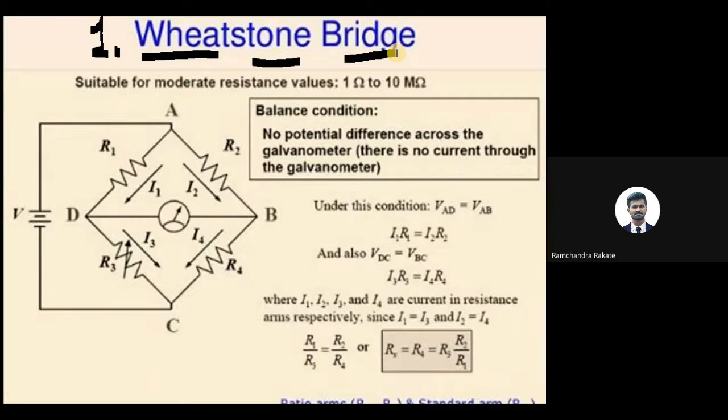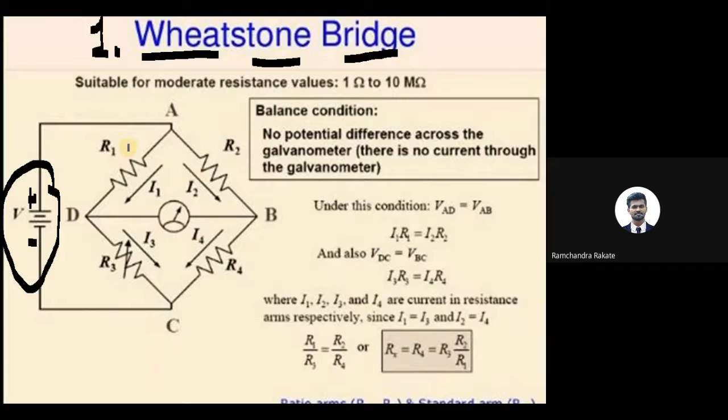How can we recognize whether it is AC or DC? This is my positive terminal, this is my negative terminal, it acts as a battery, so I'll say this is my DC.